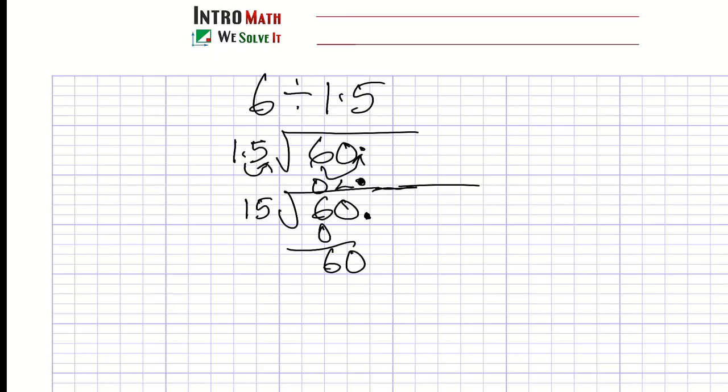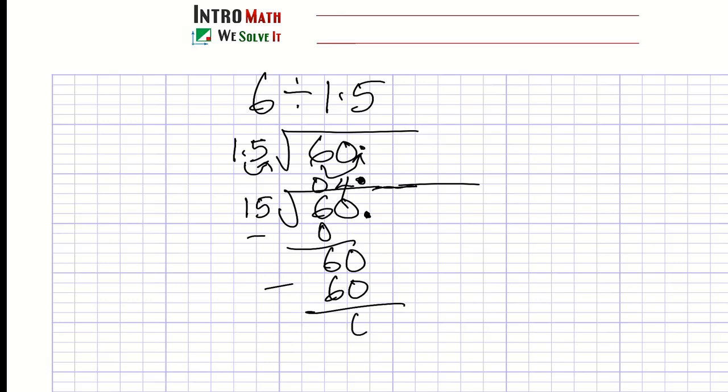Okay, 4 times 15 is 60. We'll subtract, it's 0. Basically, we're done. There's nothing else to bring down, nothing else to remain. So we'll say the answer is 4. You see, right? The answer is 4. That's it. I'm gonna leave this here.